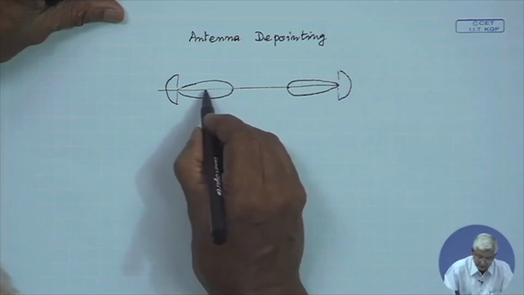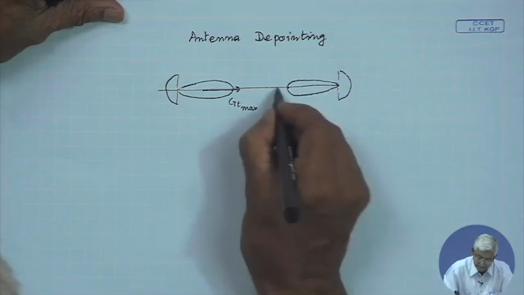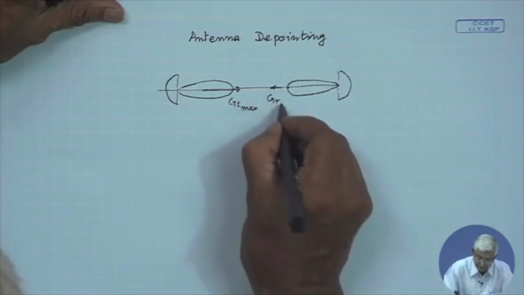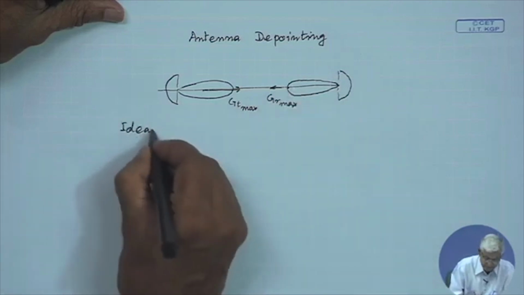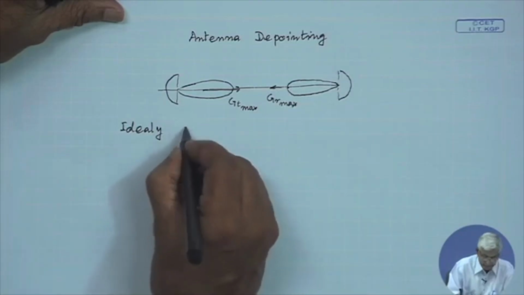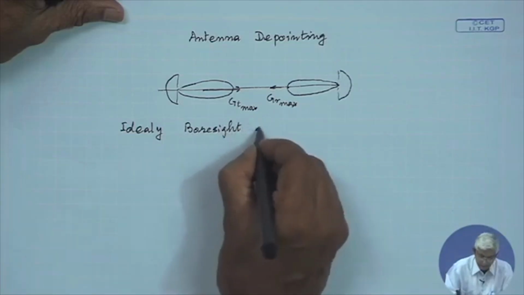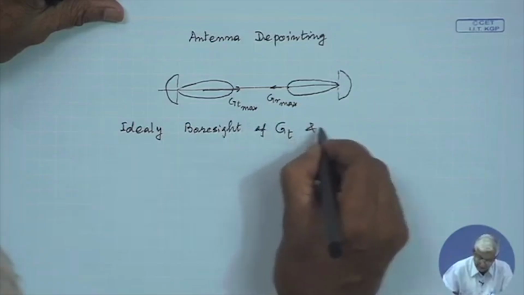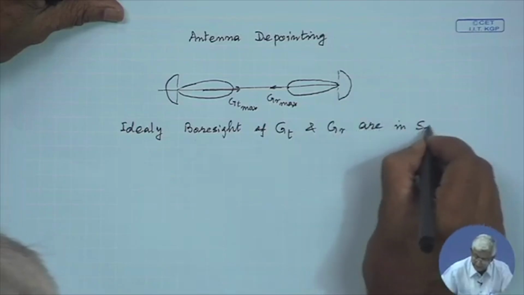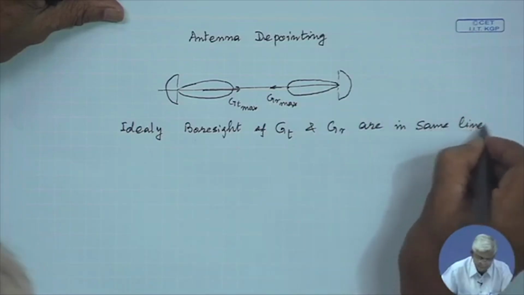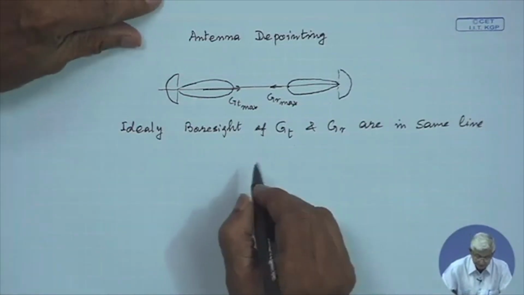So, normally this is the GT max and this is the GR max. That means, ideally, the boresight of GT and GR are in the same line.